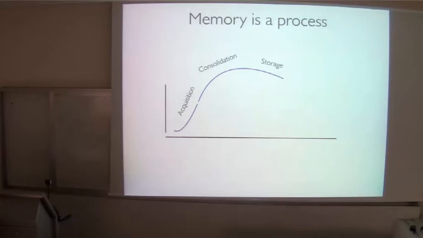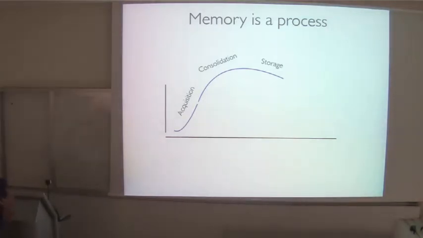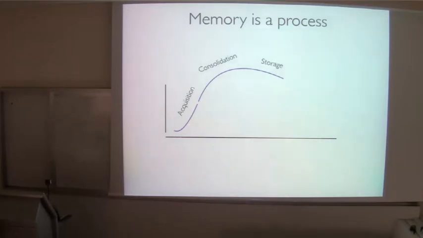Acquisition is when you acquire the memory, new information comes in, and you store it, and then you transfer this information into some kind of long-term version, and then at some point you retrieve it, but you can retrieve it anywhere during this process, and ask yourself what happened, and there is degradation with time. If you wait, some of it will go away.